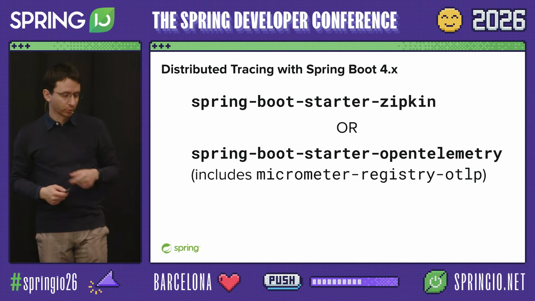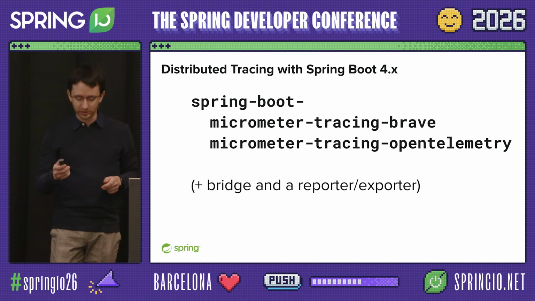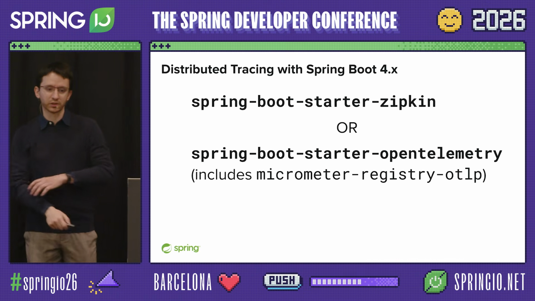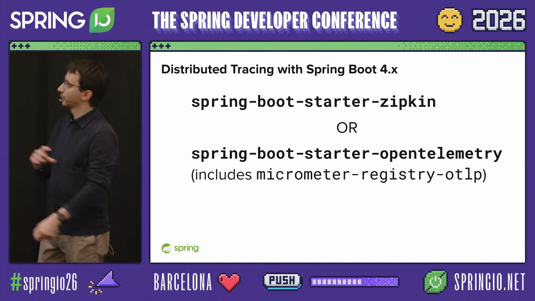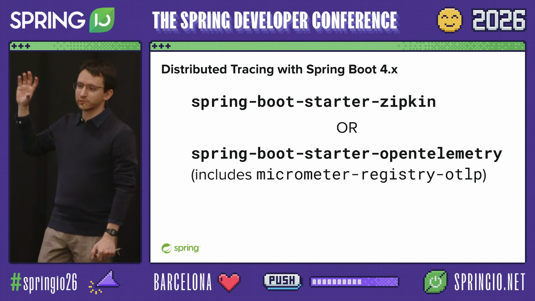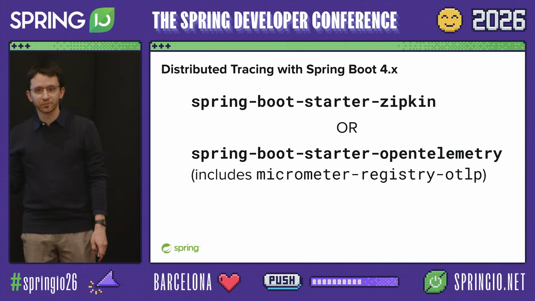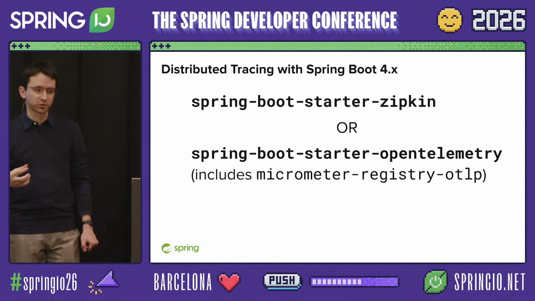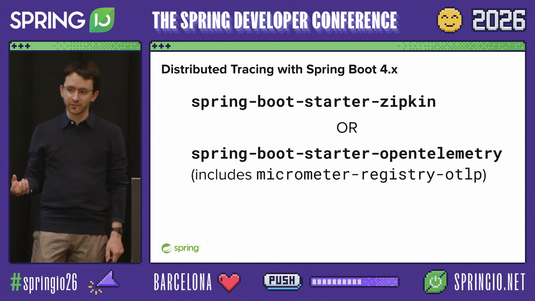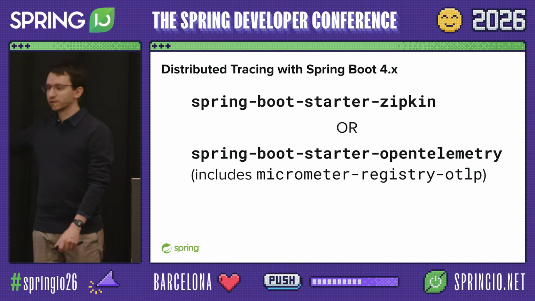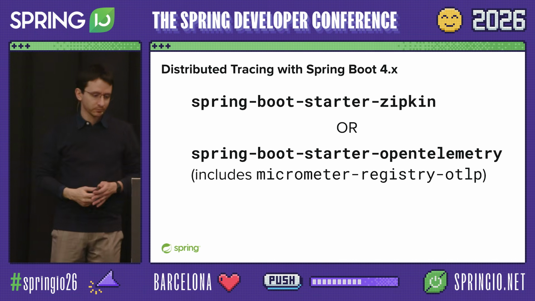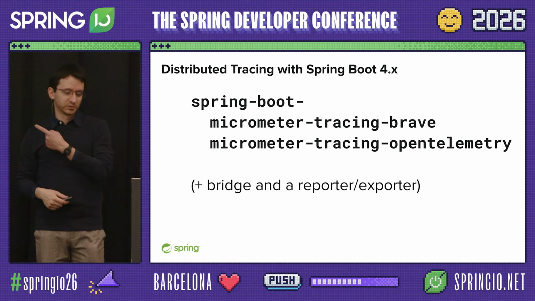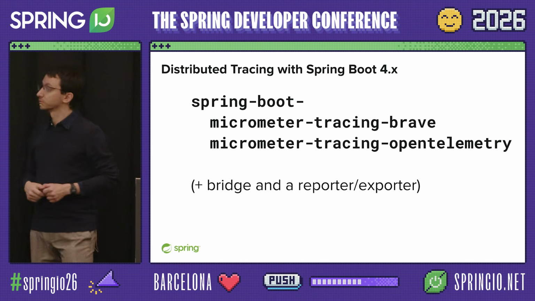For OpenTelemetry logging, we don't really have a starter or very exhaustive auto configuration, because the logging support for JVM applications in OpenTelemetry is not stable yet. Once it stabilizes, we can add more and more bits. There are also new modules.